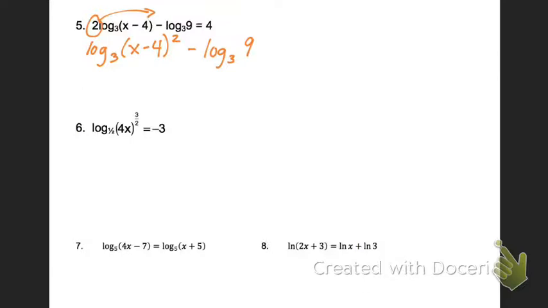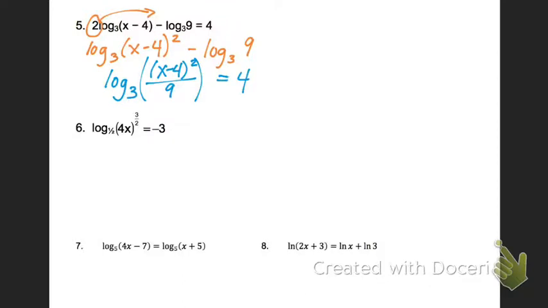Then to combine it into one log would be (x minus 4) squared over 9, because of the minus, equals 4. I know this may look intimidating, but it's not as hard to solve as it may seem, I promise.